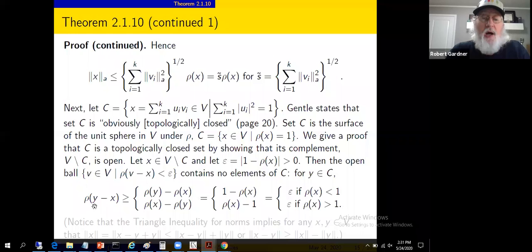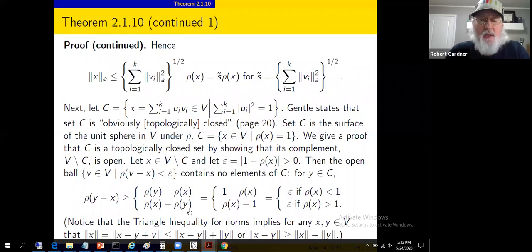Rho of Y minus X, the distance from Y to X, is greater than or equal to rho of Y minus rho of X, or rho of X minus rho of Y. One of those is negative, depending on the relative sizes. By the way, that's just a consequence of the triangle inequality: the norm of the difference is greater than or equal to the difference of the norms. I think that's the first time we've encountered that in here.